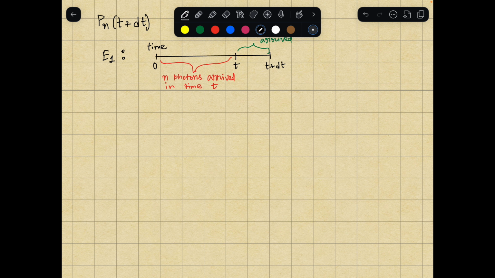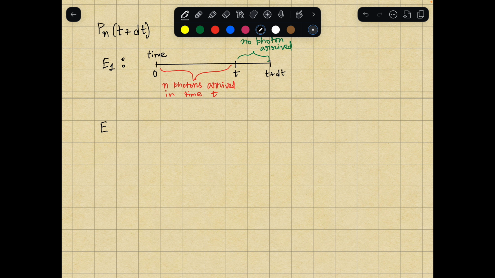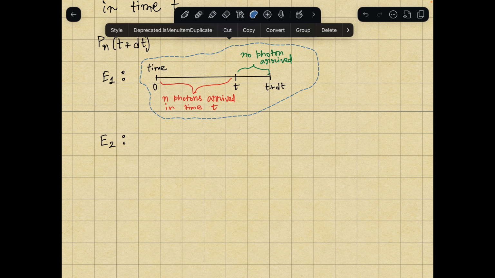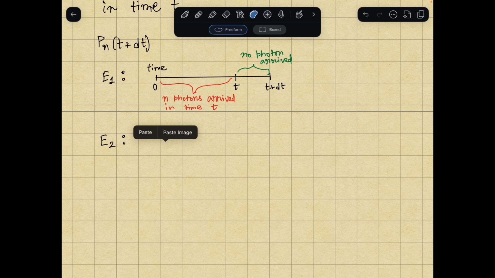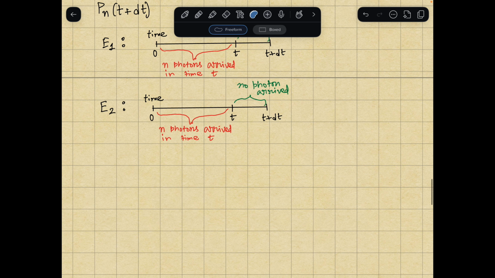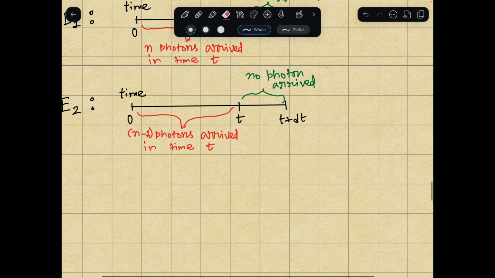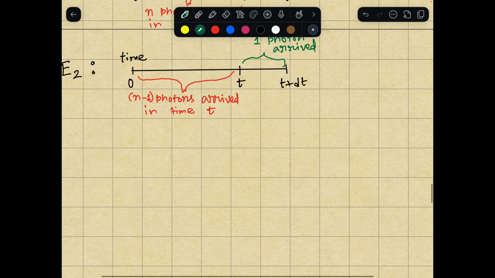Now there is another possibility to get n photons in time t plus dt, that is event 2. Event 2 is similar to event 1, but here the number of photons is not n but n minus 1. So we have n minus 1 photons arrived in time t, but just one photon arrived between t and t plus dt, within dt time.